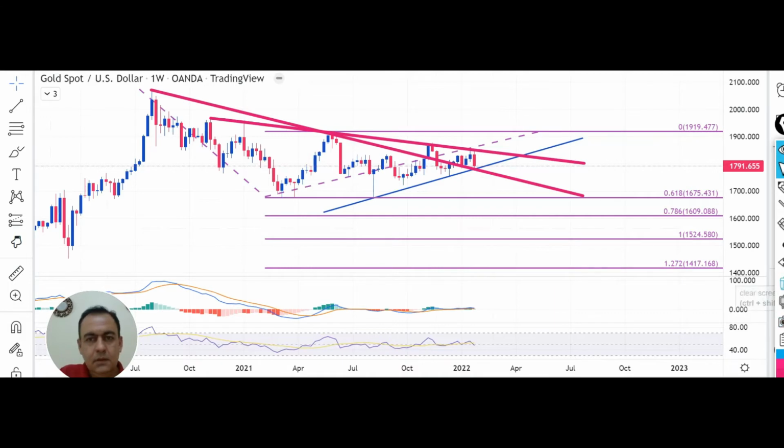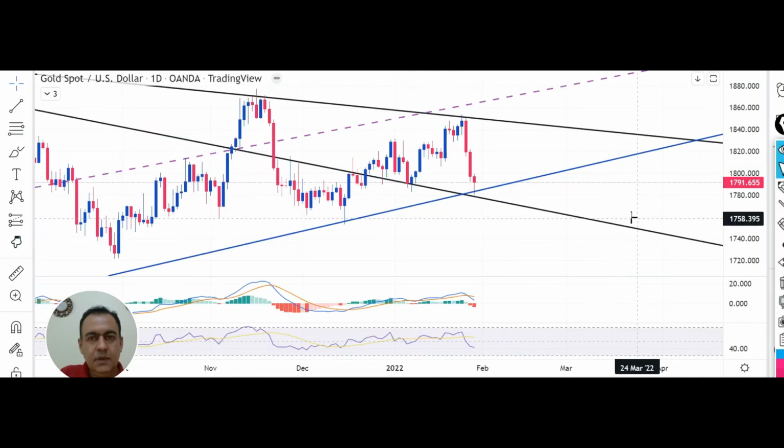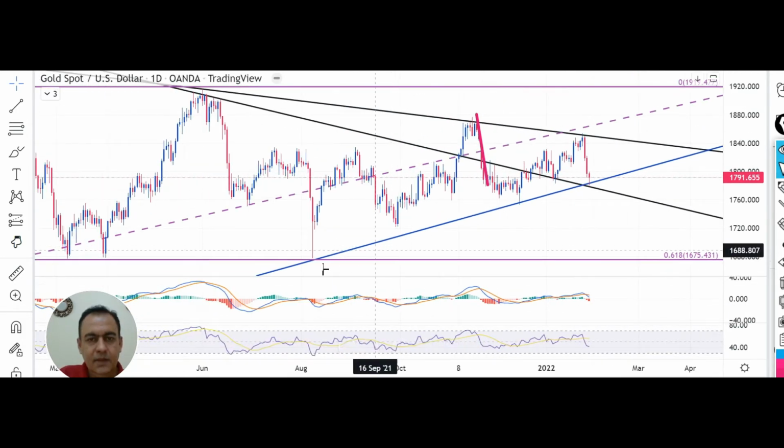Okay, let's go back to the daily time frame. On the daily, the move lower is very prominent, exactly from the falling trend line resistance, the higher one, and it has reached the rising trend line. Now this rising trend line is coming from this area.